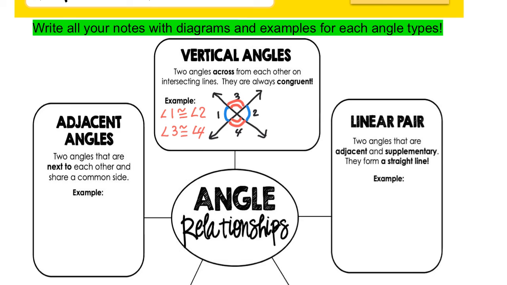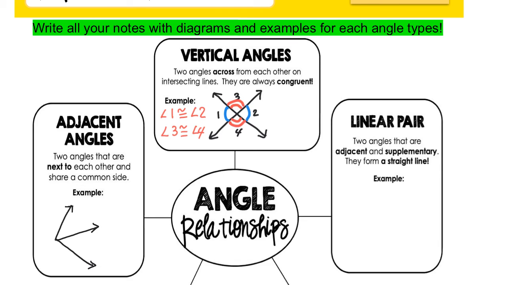Next, adjacent angles. Adjacent angles are two angles that are next to each other and share a common side. So for example, let's say I have an angle right here and there is another ray.